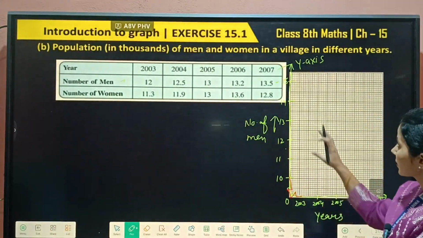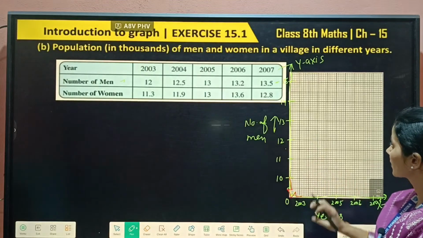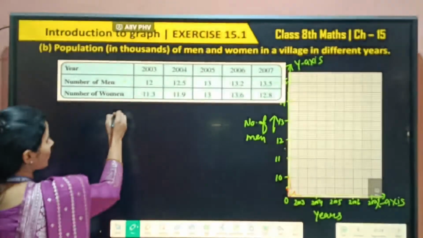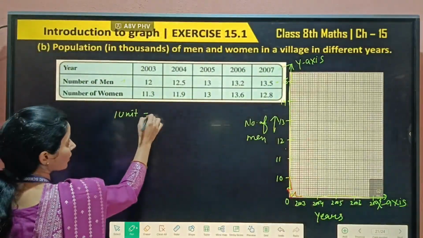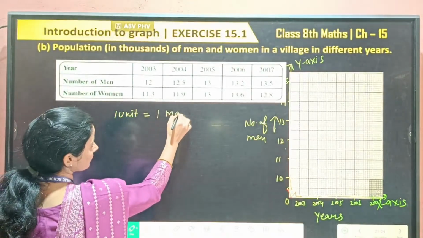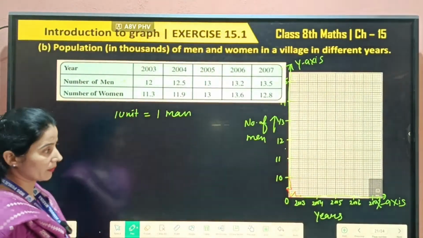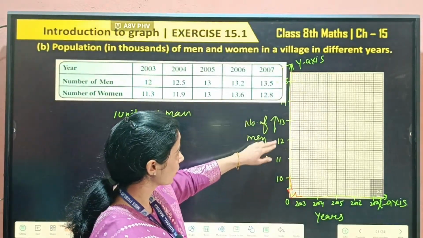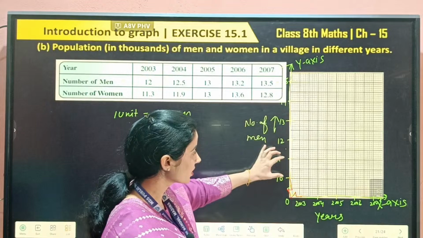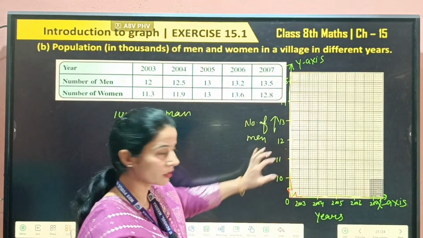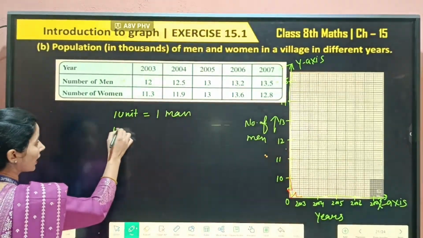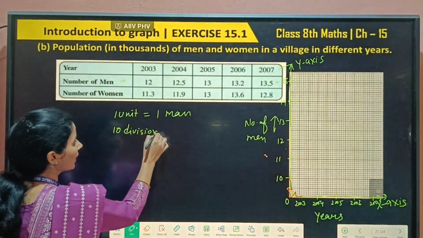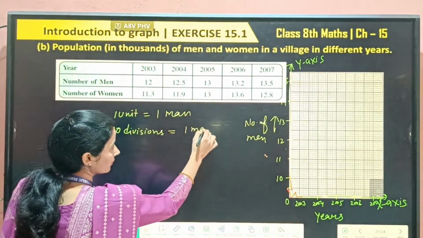Now in 2003, the number of men is 12. Let us define the scale on the y-axis. How I considered this: 1 unit is equal to 1 man. And this 1 unit is equal to 1 man, like 10, 11, 12, 13, 14, 15. These 10 divisions are present in 1 unit. That is 10 divisions is equal to 1 man.